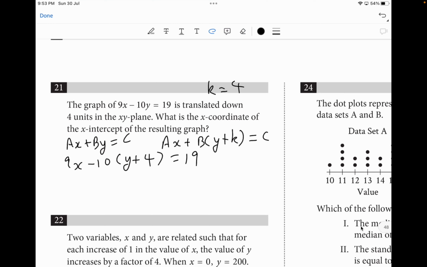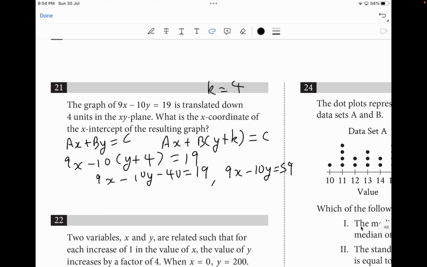Now what you're going to do is simplify this. So it gives you 9x minus 10y minus 40 is equivalent to 19. And when you add 19 and 40 together, that should give you 59. So it becomes 9x minus 10y is equivalent to 59.